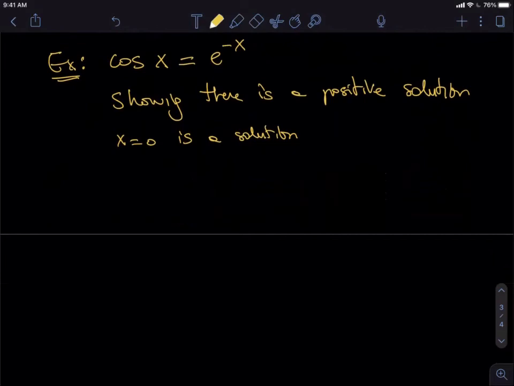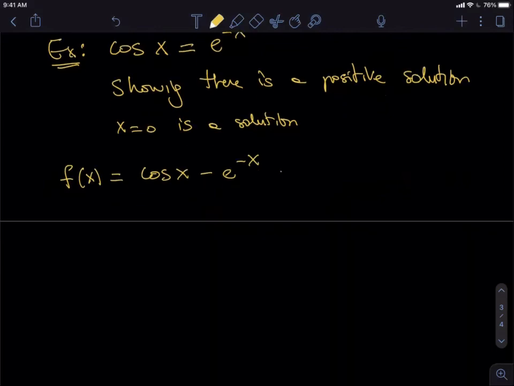How does the computer find that solution? So the computer uses refined versions of the intermediate value theorem. Okay, and basically takes the function f of x, cosine of x minus the exponential of negative x. And we want to find x or some value such that this is equal to 0.